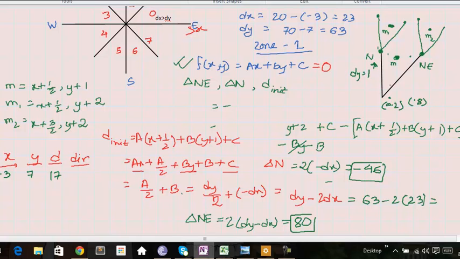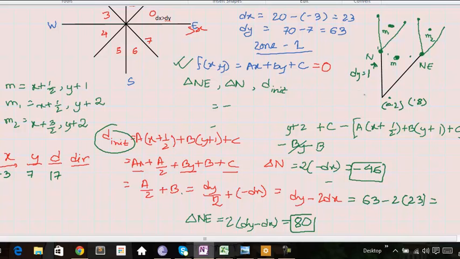It could be 0.3 and 0.7, but it should be something less than 0.5 for the point that belongs to n, and greater than 0.5 for the point closer to ne. So now plugging these values into the d initial function, we get dy minus 2 dx.